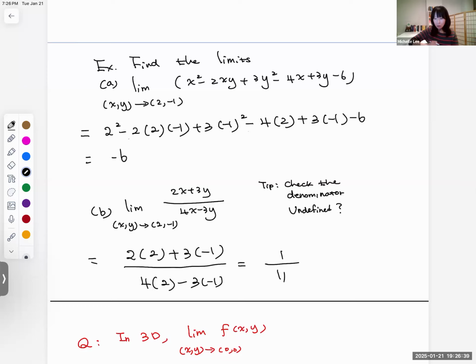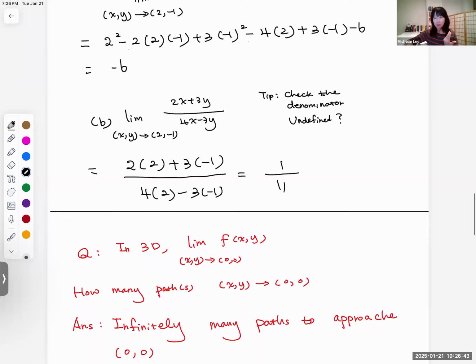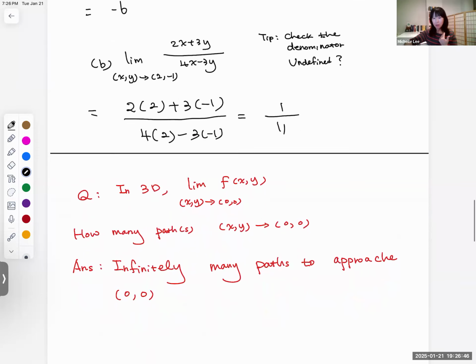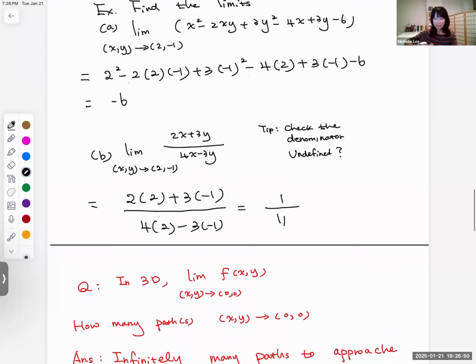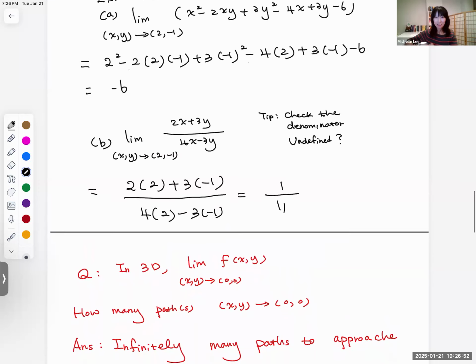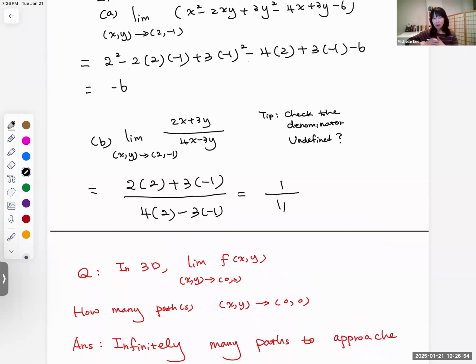All right. So in 3 dimensions, there is a question. When x, y approaches 0, 0, or some other number, the limit is any number, right?